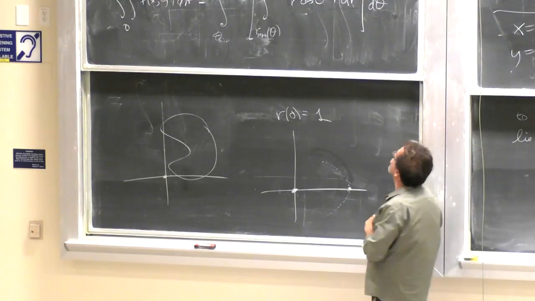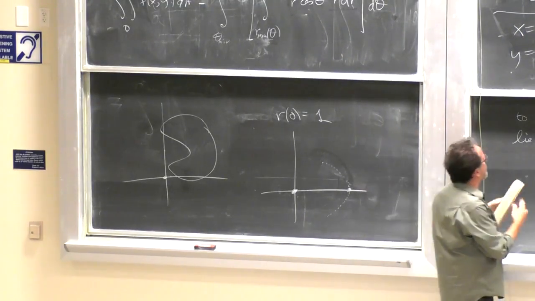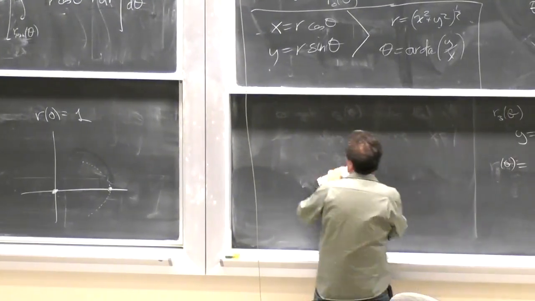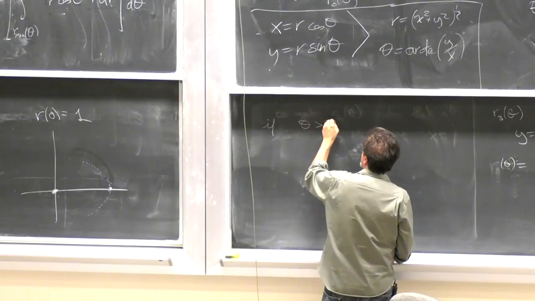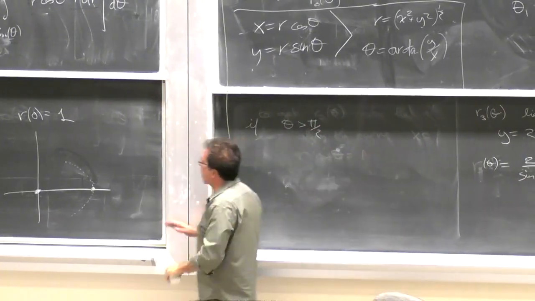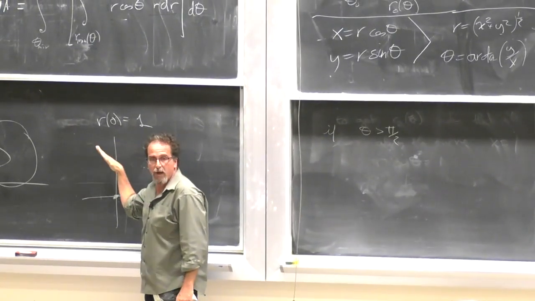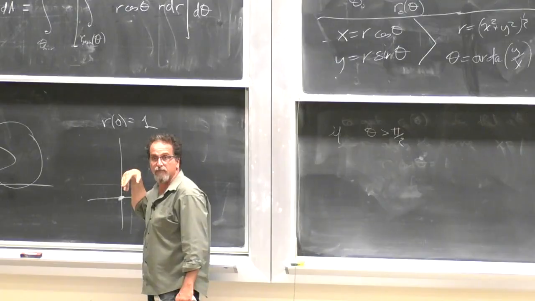Okay? Well, quite clearly, if theta is greater than pi over 2, right? At theta equals pi over 2, cosine theta is 0. Theta greater than pi over 2, it becomes negative.